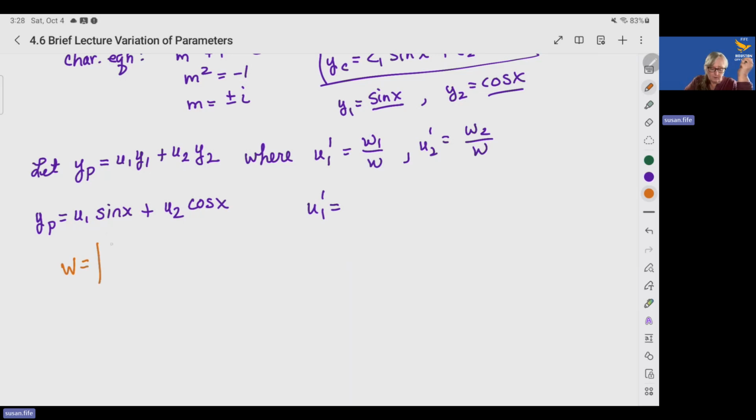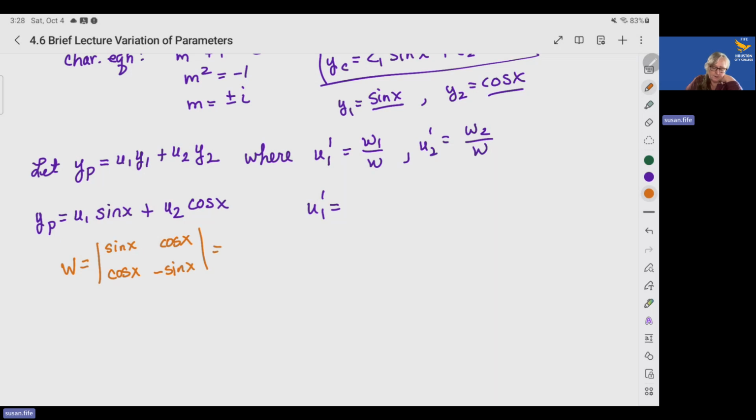W has y1 and y2, and then y1 prime and y2 prime. So y1 is sine x, y2 is cosine x. The derivative of sine x is cosine x. Derivative of cosine x is negative sine x.